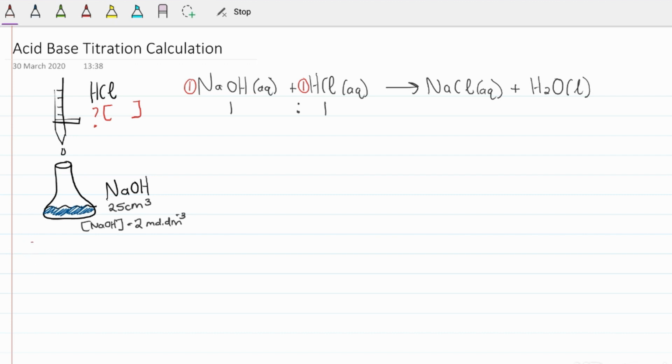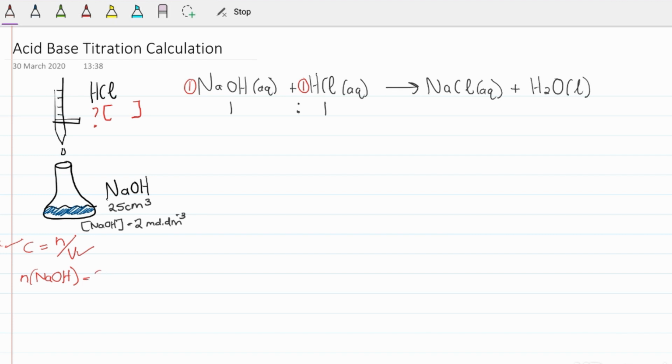Let's look at this formula: the concentration is equal to the moles divided by the volume. I want to know the moles. You know the concentration, and you also know the volume. So let's quickly calculate the moles of sodium hydroxide.